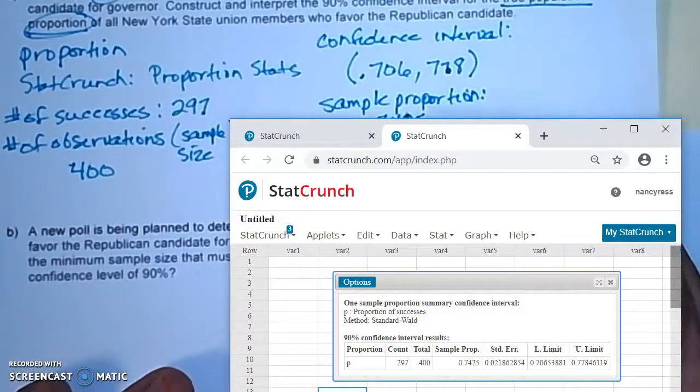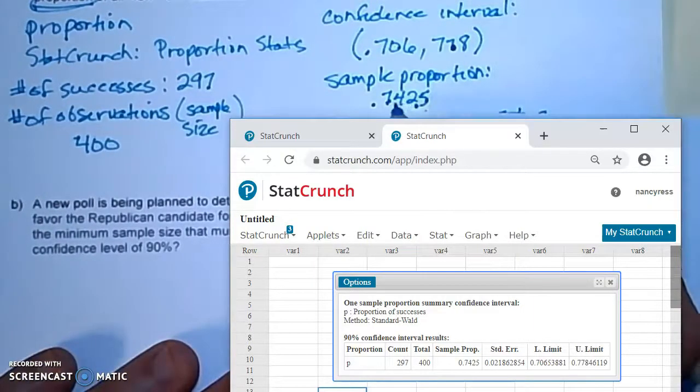My sample proportion is exactly in the middle of my confidence interval. My margin of error is how far it is from my sample proportion to either one of these two limits.